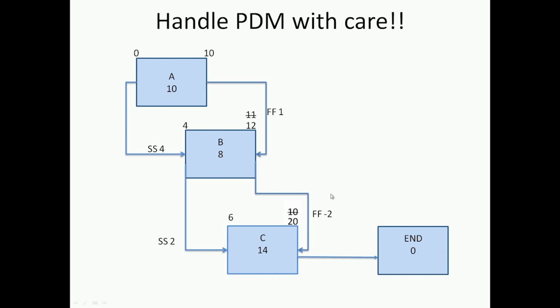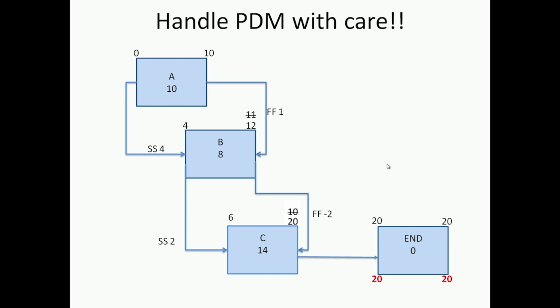Now we have a basic finish start relationship at the end, and we see that this has gone on to 20, because we are taking the 20 from the early finish of C. As this goes to 20, and end is kind of a dummy activity, we end with 20, and this took care of the forward pass.